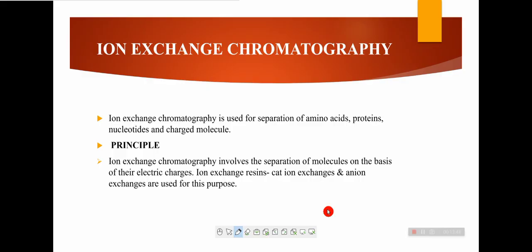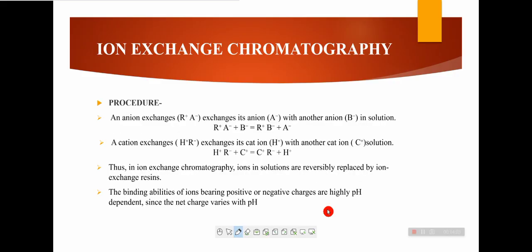So, ion exchange chromatography is based on the principle of separation of molecules on the basis of the electric charges they possess. In ion exchange, the cation exchange resin exchanges with the anion exchange, and thus the separation of the chemical components takes place.